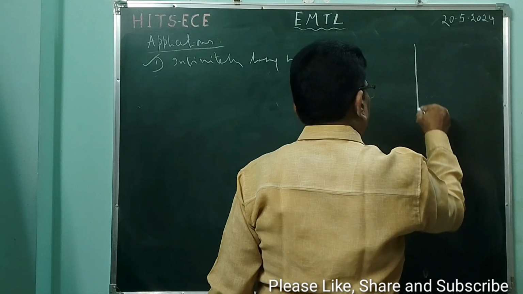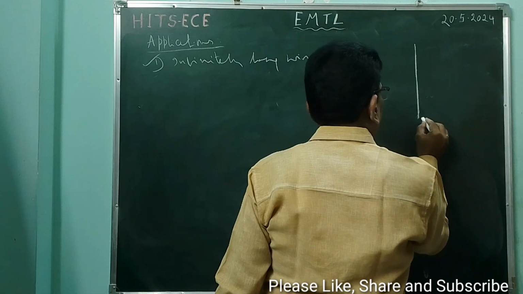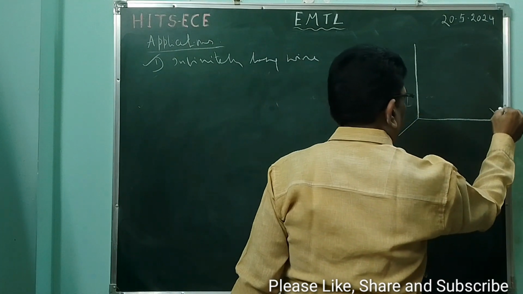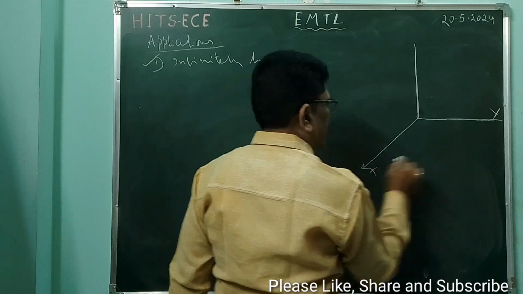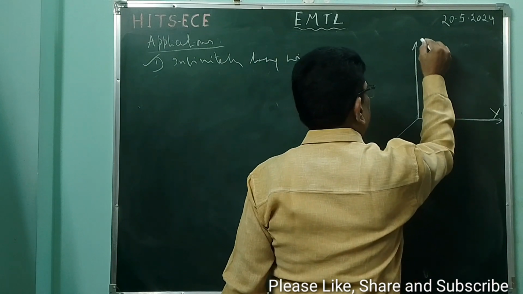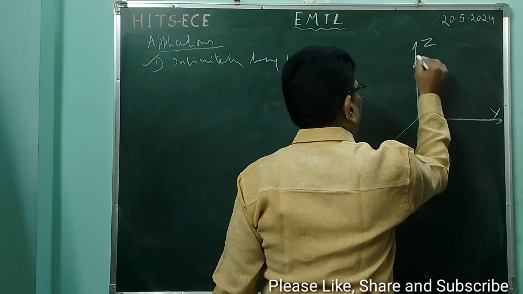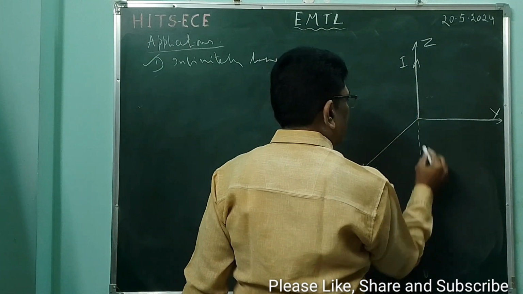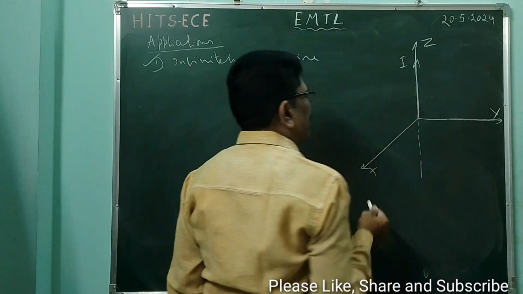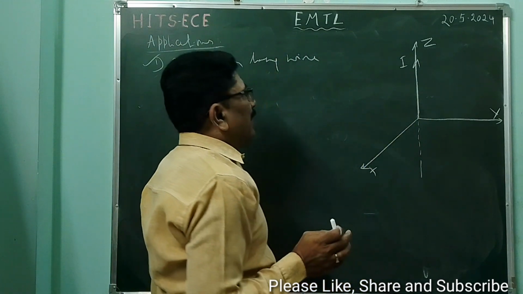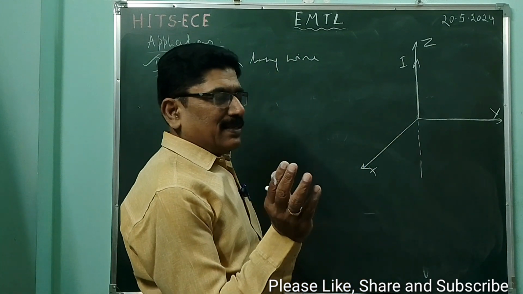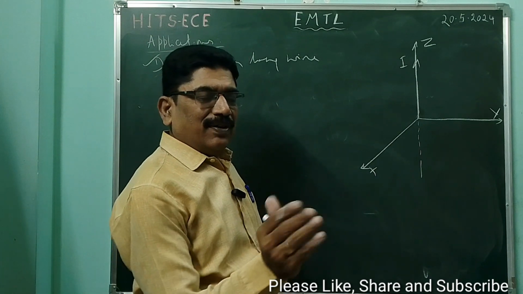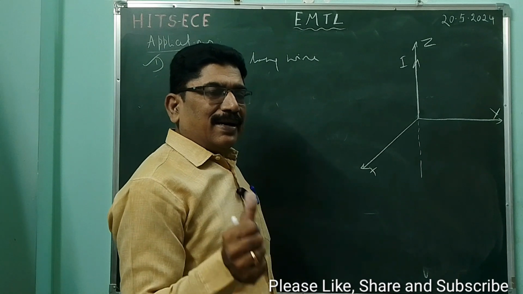Infinitely long wire. Y, X, Z. Current is flowing like this in the infinitely long wire. This is the negative Z axis. Current is flowing like this. The Amperian path, that is the direction of the magnetic field lines, will be shown by the right hand thumb rule.